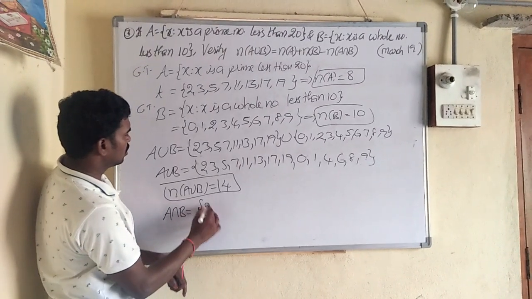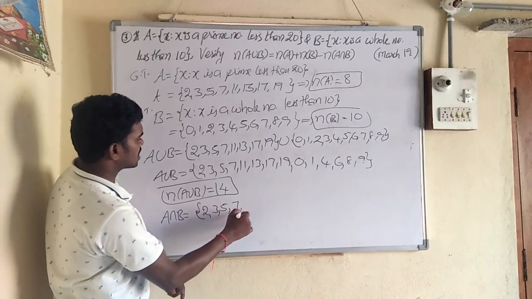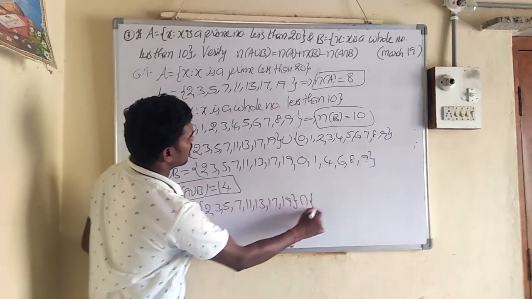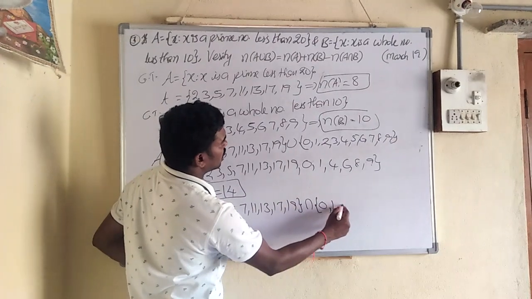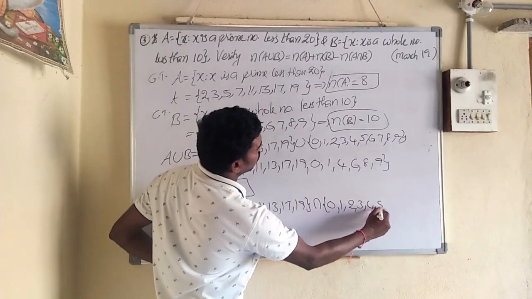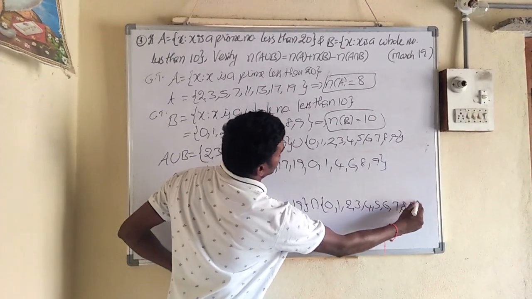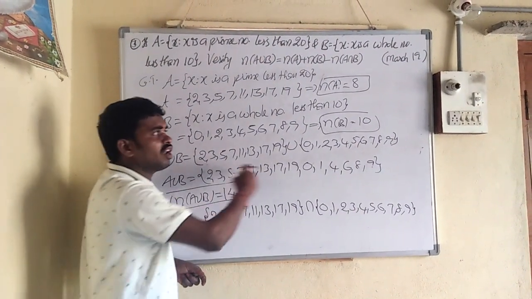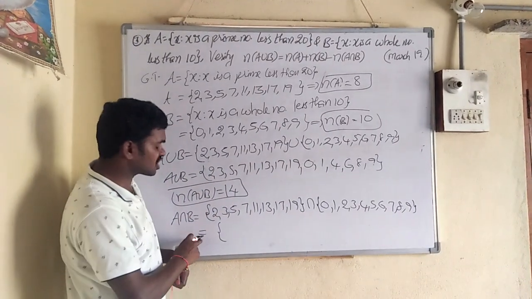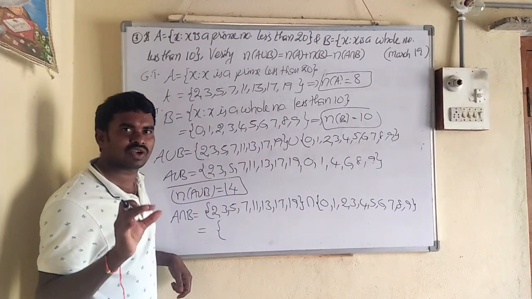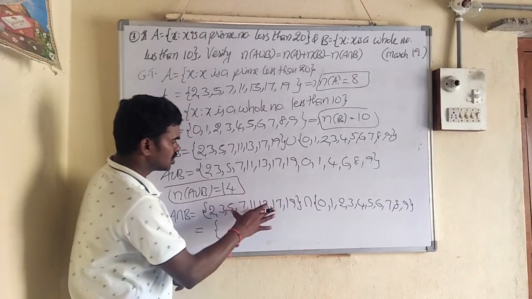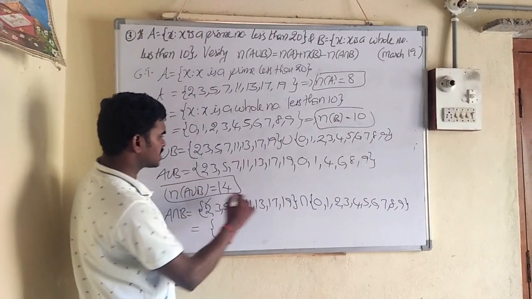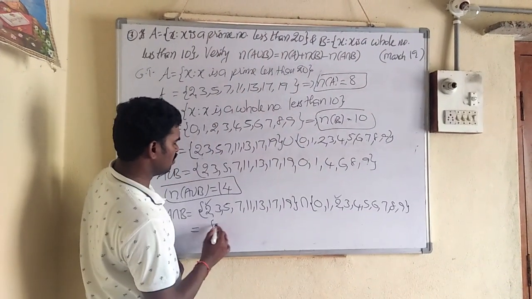A means what? 2, 3, 5, 7, 11, 13, 17, 19. Intersection, B: 0, 1, 2, 3, 4, 5, 6, 7, 8, 9. So find A intersection B. A union B means all elements of A and B. A intersection B means common elements of A and B. So in this A and in this B, what are the common elements? 2 is common, write down.